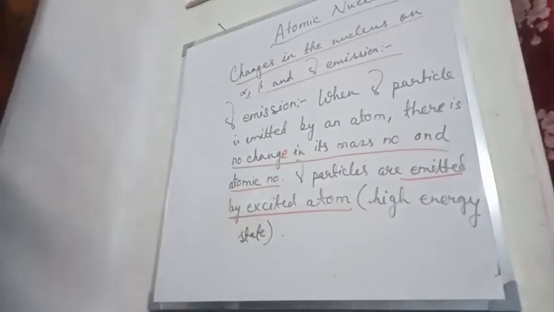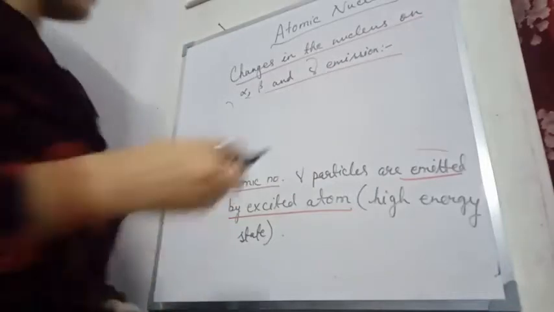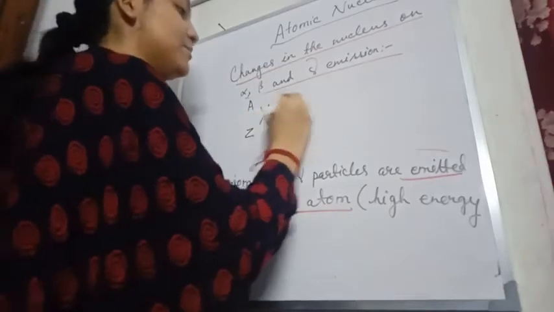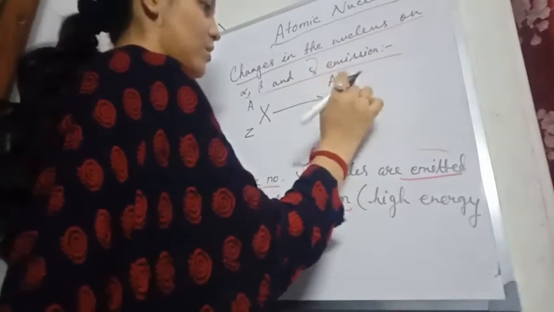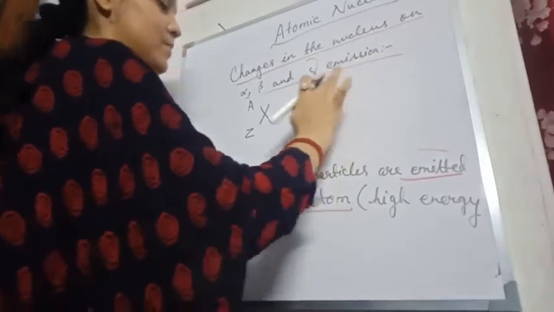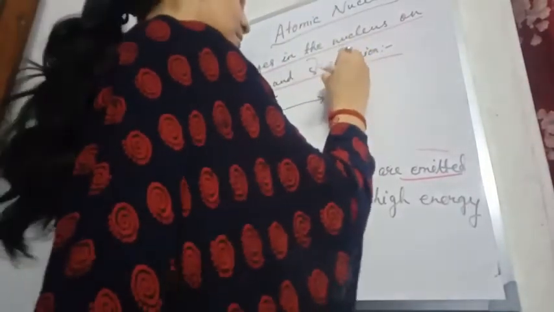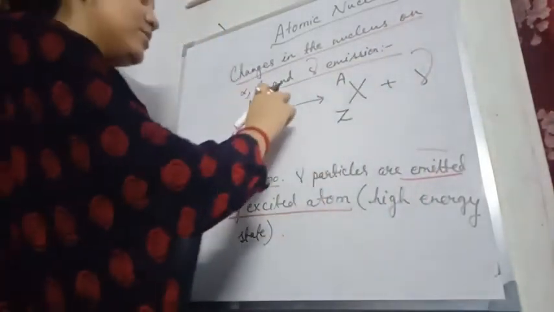Okay, so let's see this with the general equation. Element X with mass number A and atomic number Z gives you Y, the daughter element or the new element. Sorry, one minute. Element X star gives you element X, A, Z, plus gamma. Now this star means what?